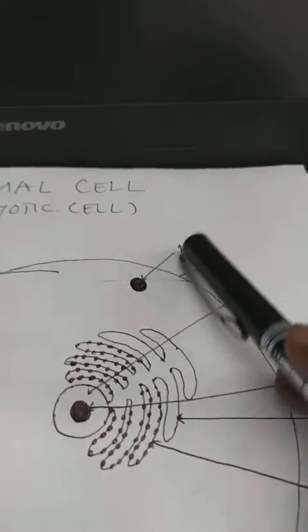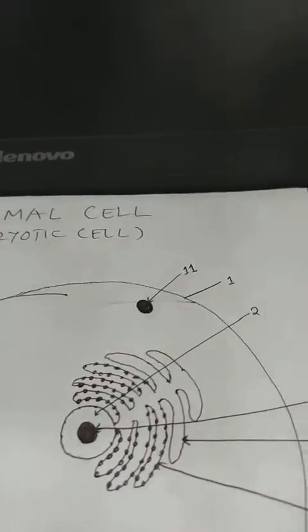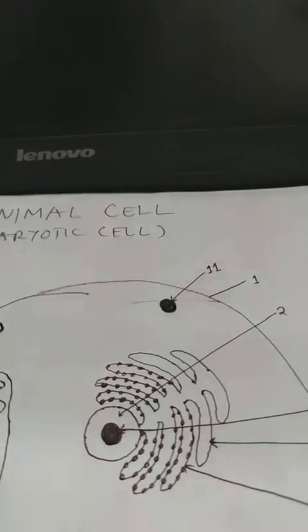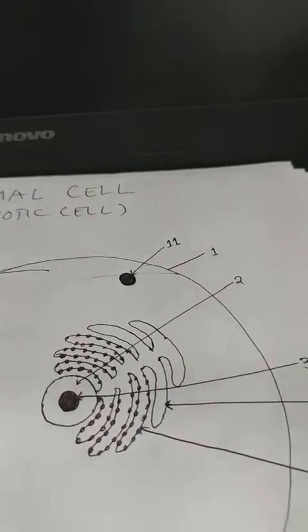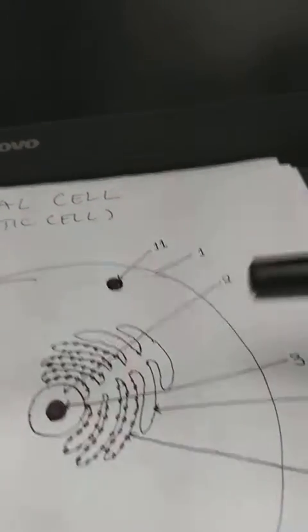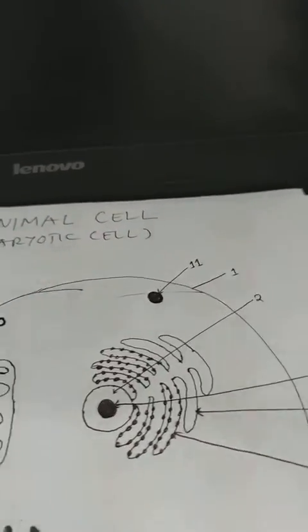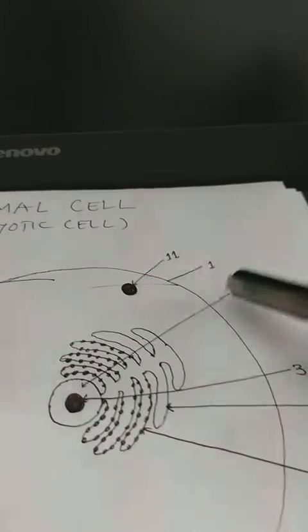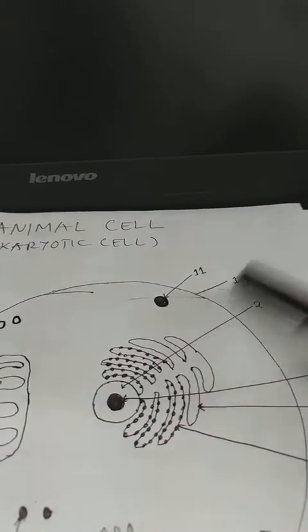Its main function is cell signaling and cell communication. The cell membrane also acts as an attachment point where different types of molecules and proteins can attach themselves to the cell. It also helps in cell transportation, so different materials can be transported into and out of the cell through the cell membrane.